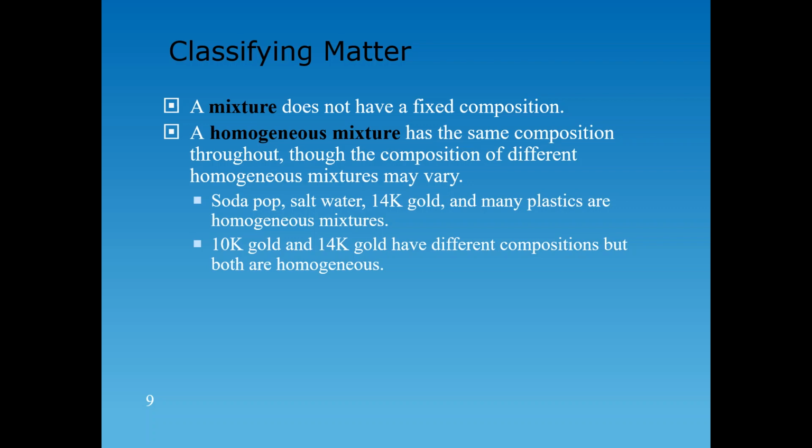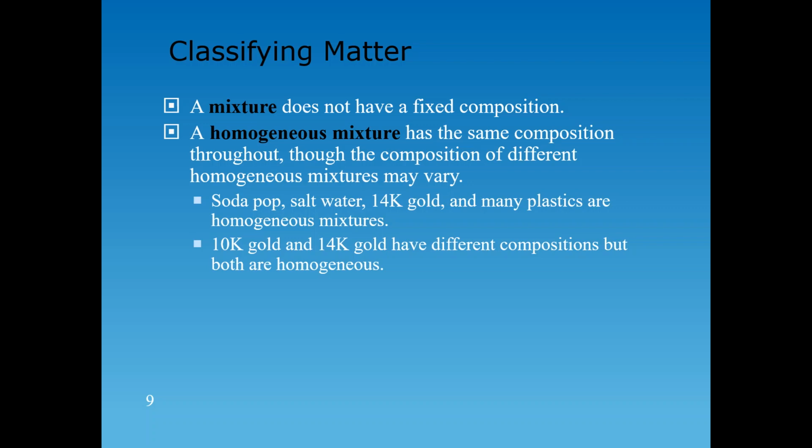And as a result, in a mixture, each substance will retain its properties. So for example, if you add sugar to water, the sugar dissolves in the water and you end up with what we call a sugar solution. The sugar present in the water will still retain its properties, and the water, of course, will still retain its properties. And that's basically what a mixture is.